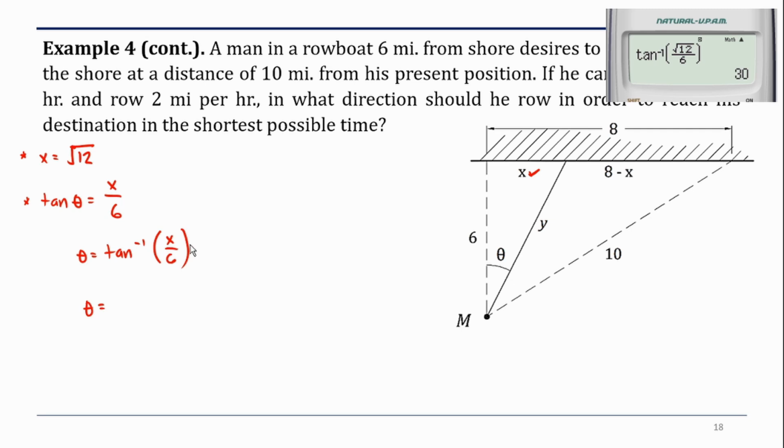So, we get now, theta is equal to 30 degrees. So, ito na yung sagot natin. So, that he should draw 30 degrees towards his destination point para ma-reach niya yung destination niya ng shortest possible time. So, that's the use of maxima and minima and solving auxiliary variables.